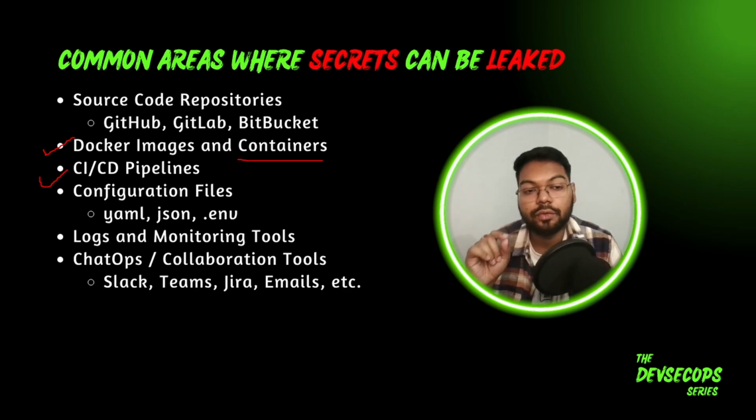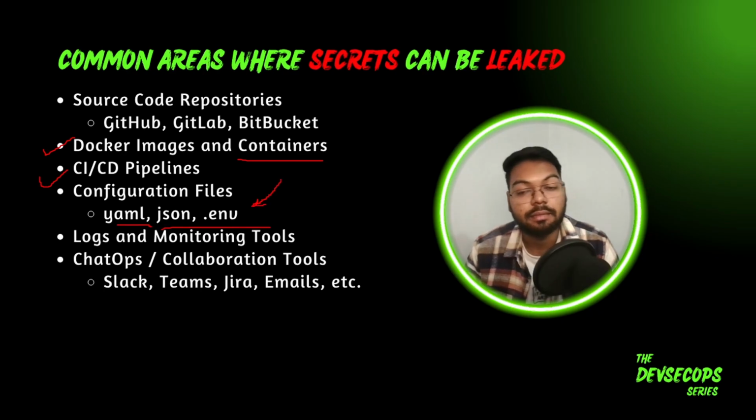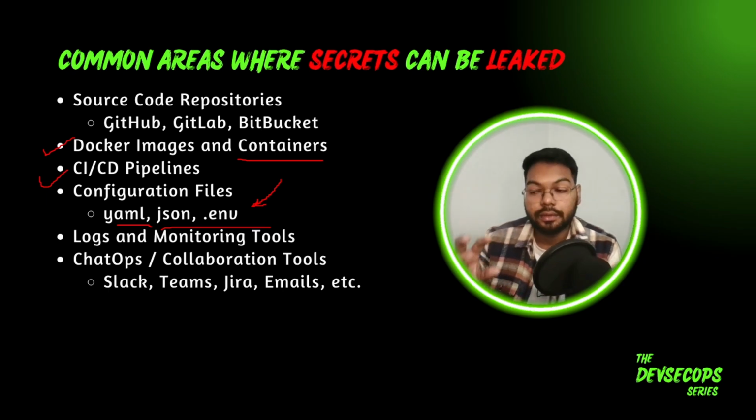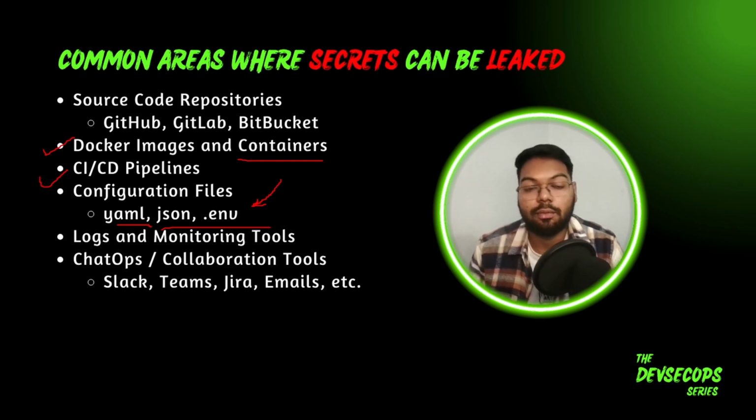When you do that, you are bound to use these tokens in the CI/CD pipeline configuration pages. YAML files, JSON or .env files are where you can find them mostly when you are working with CI/CD pipelines. So make sure you do not commit anything. Use the variable section or the secret section in GitLab or GitHub to avoid exposing your secrets in the pipelines.